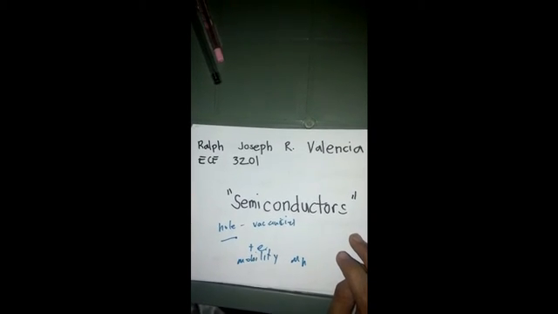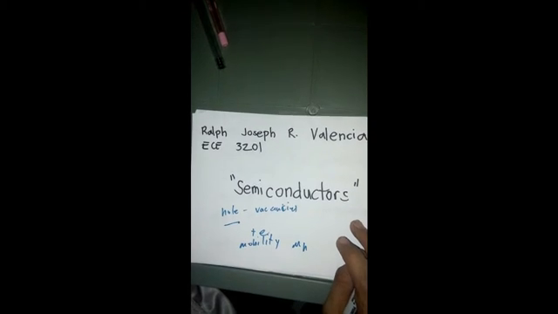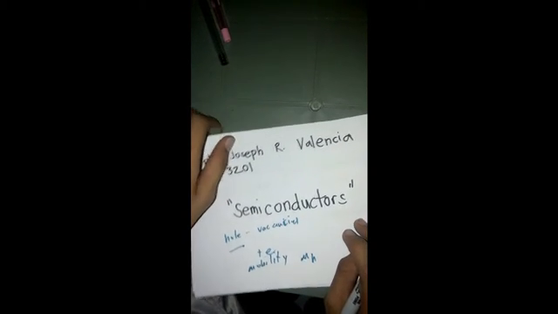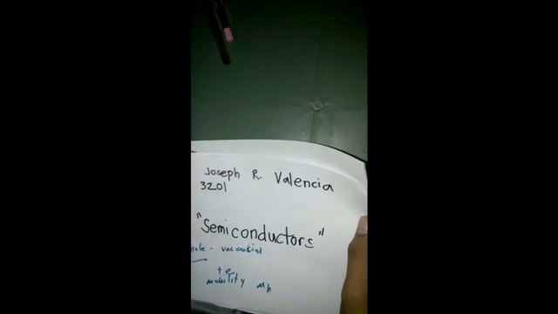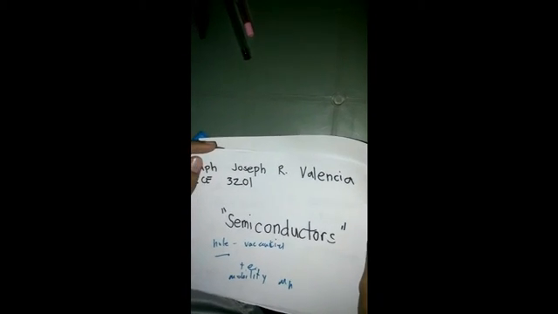Both carriers move in an electric field, and they move in opposite directions. Hence, each contributes a component of the total current which is in the same direction as that provided by the other. The conductivity therefore is a function of both hole and electron concentration and mobilities.